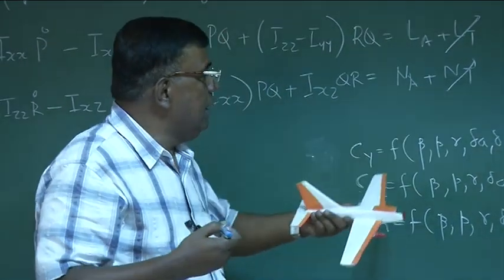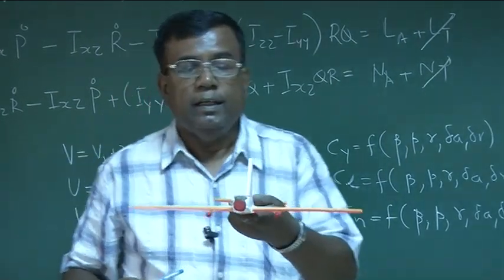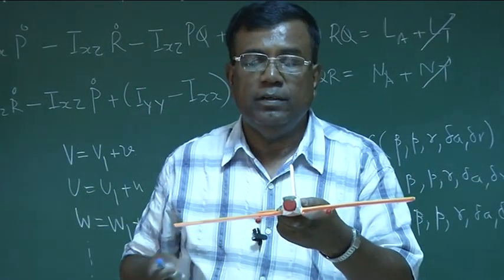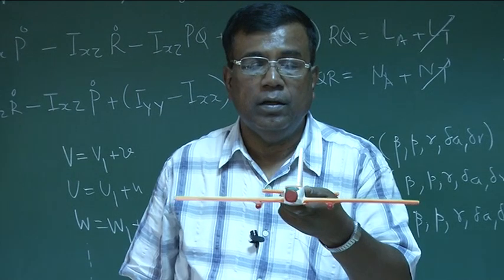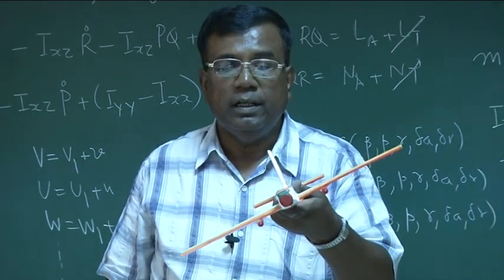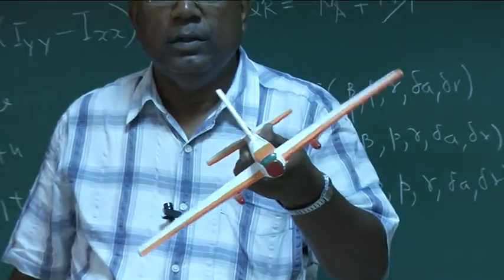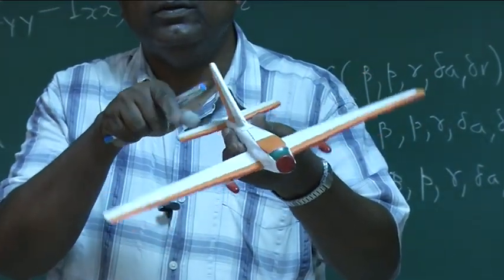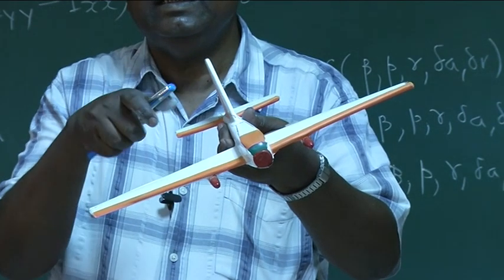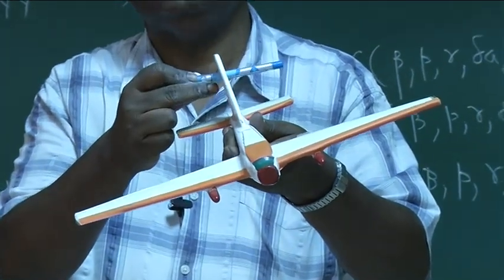Now the question is, is Cy a function of P? Let us visualize whether Cy is a function of P or not. What is P? P is roll rate, the right wing going down like this. As the right wing is going down, this vertical tail is also going down, pushing the air in this direction, so it will also experience a force in this direction.